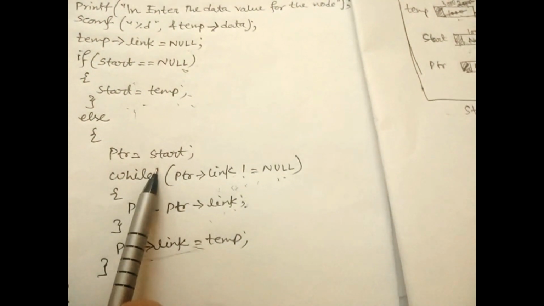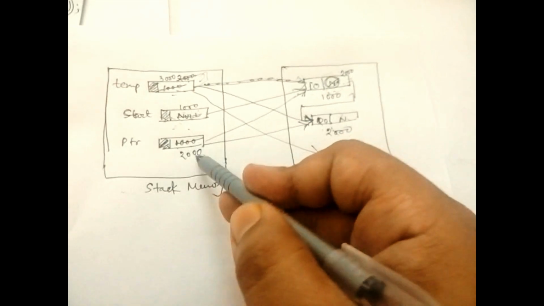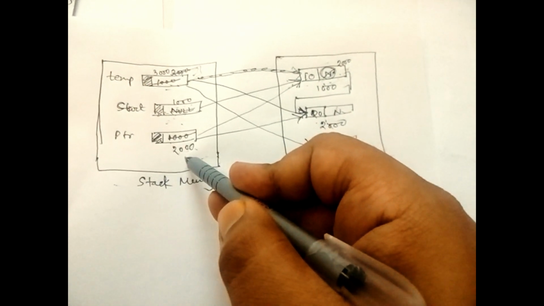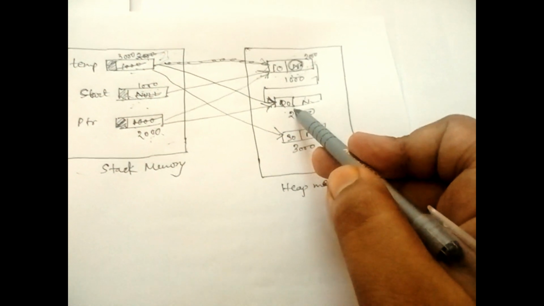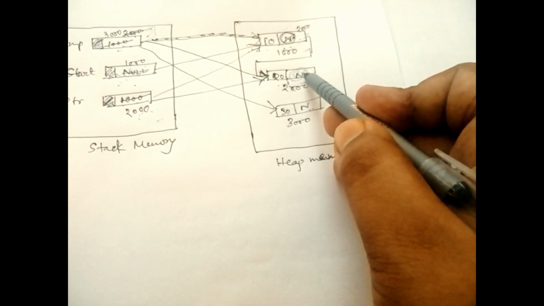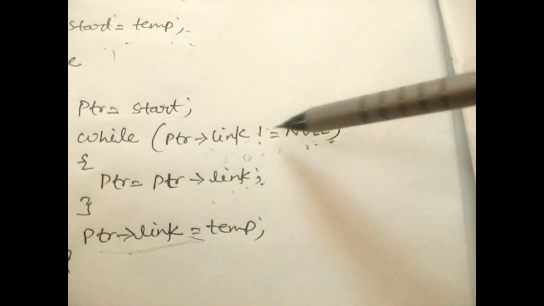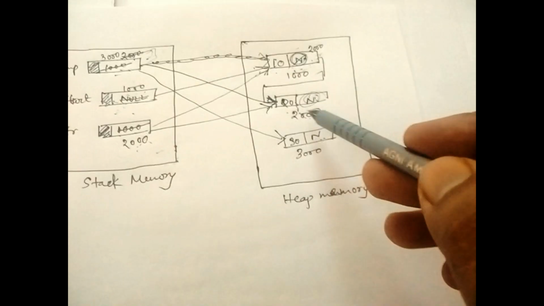Now again we check ptr arrow link not equal to null. So ptr is 2000. That means ptr points to this memory. So here the link part is null.